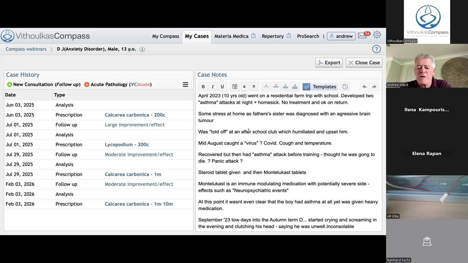Felt like he couldn't breathe, that he was going to die, like a panic, basically. So at this point, he was given a steroid tablet to take, even though the condition hadn't been diagnosed as asthma.